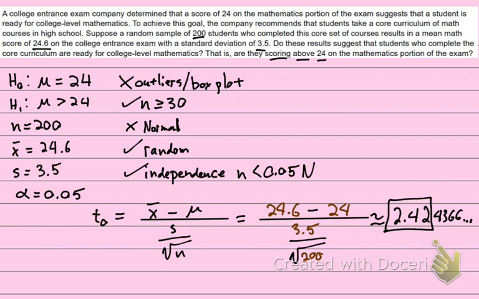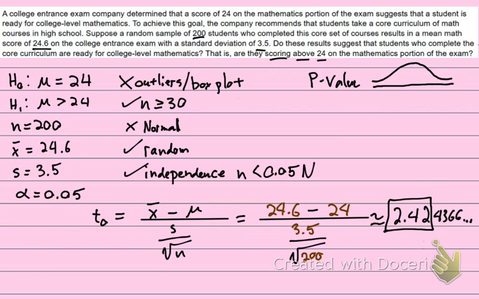All right, next we're going to find the p-value. Okay, we're going to approximate the p-value. All right, we know that this is, since it is greater than, we're going to be looking at the area to the right.